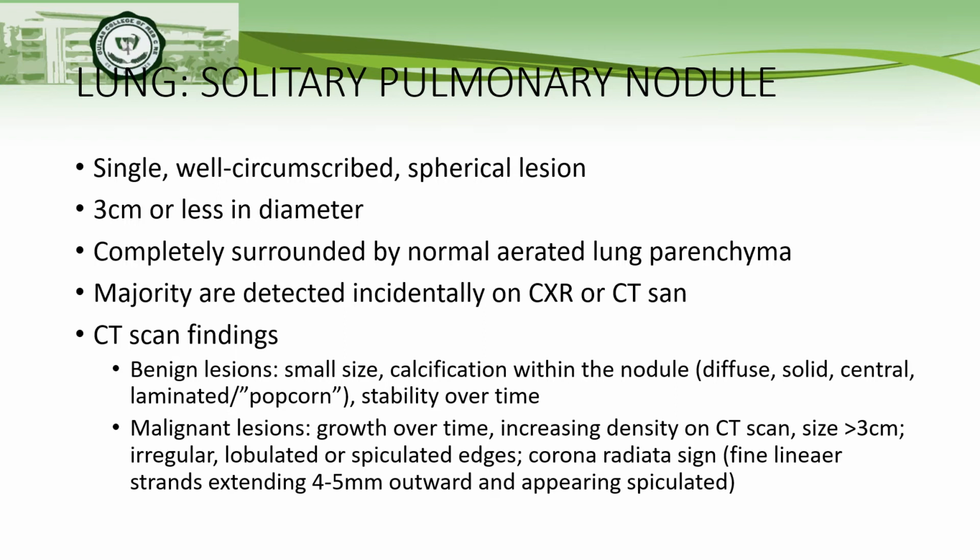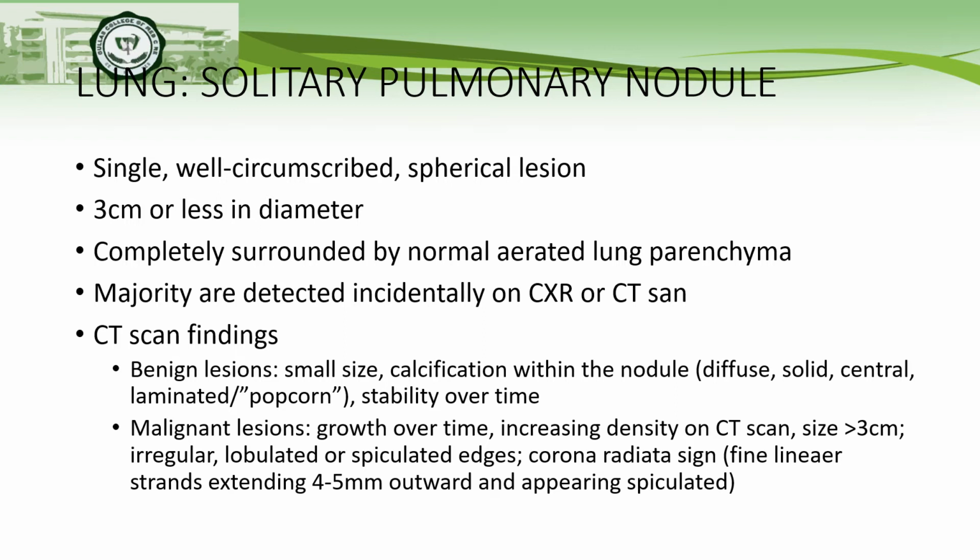Majority of these are actually detected incidentally on chest X-ray and CT scan. The differential diagnosis for solitary pulmonary nodule are infectious causes, congenital, neoplastic, inflammatory, vascular, and traumatic disorders.